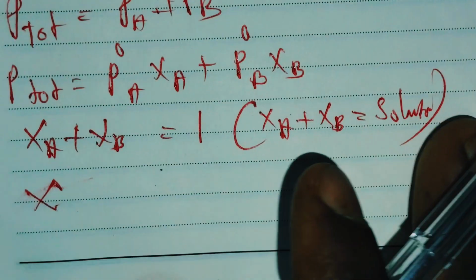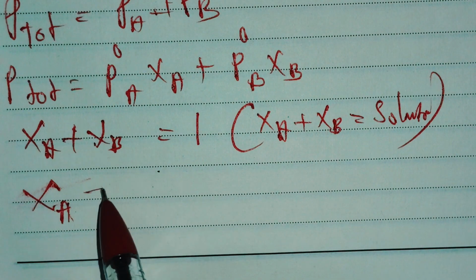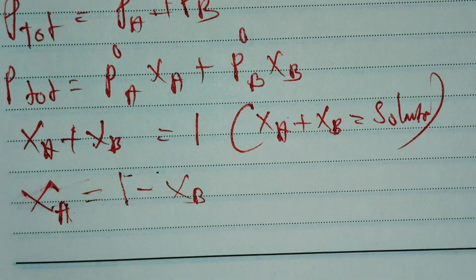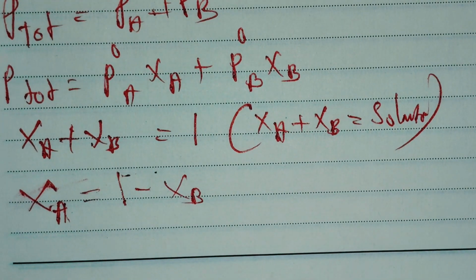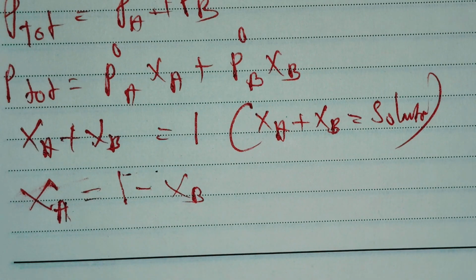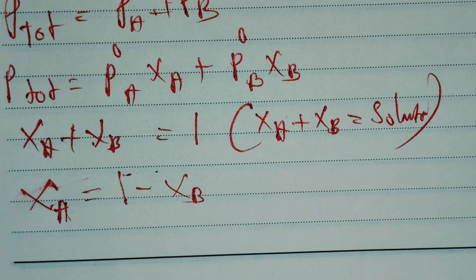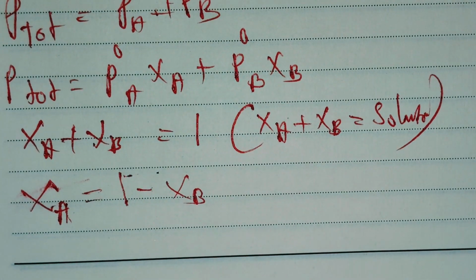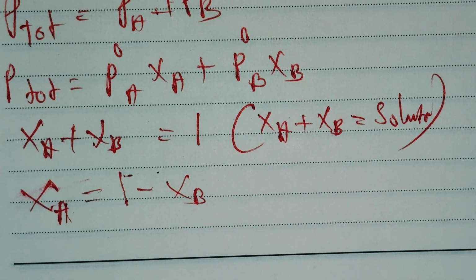For that reason, the mole fraction X of A is always equal to 1 minus X of B. So the mole fraction of X of A or X of B is always less than 1. Knowing one, we can find the other by taking 1 minus that value. So the mole fraction of solute or solvent is always less than 1.